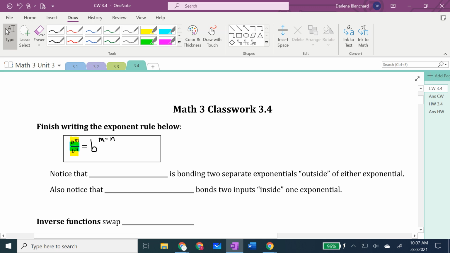Somebody type into chat or unmute and say it out loud, because I want to make sure that you're all following me. Thank you very much. Division. This division bar is bonding two separate exponentials, but not inside of them, just between the two separate exponentials.